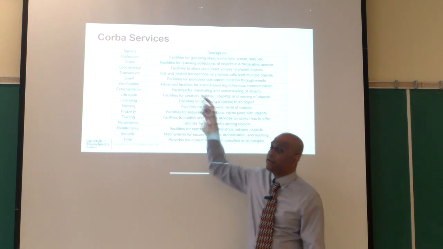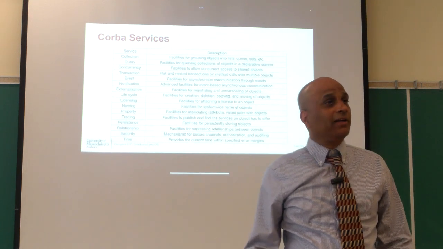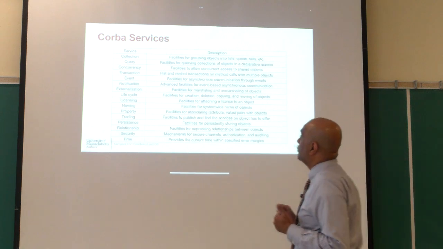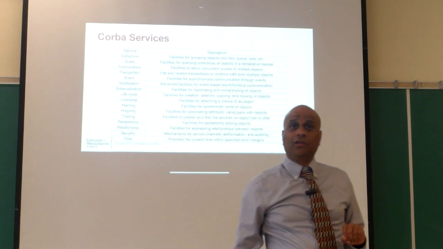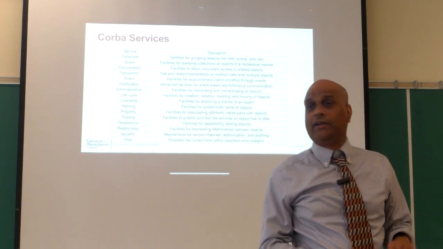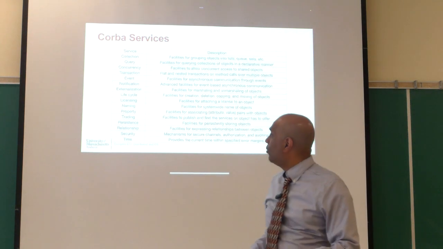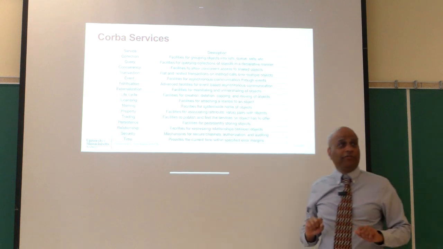And so there is a concurrency service. If you want things like thread pools and thread pool management, you go to the concurrency service. You don't need to write your own code. You want to build transactions in your system, there's a transactional service. So you can just begin transaction and end transaction, and that service will give you atomicity guarantees. You want to send some notifications, there's a notification service.